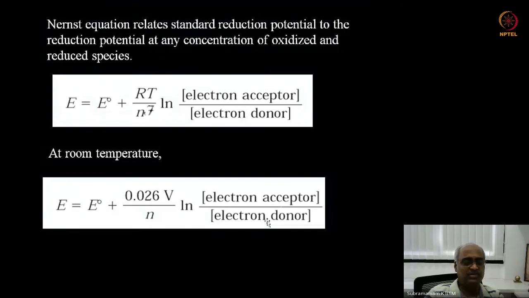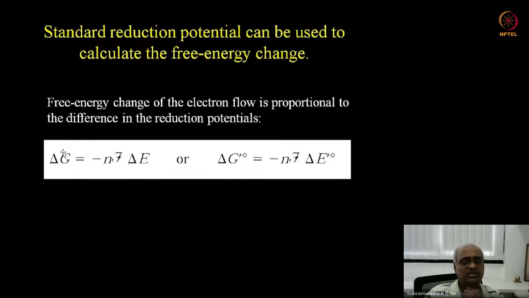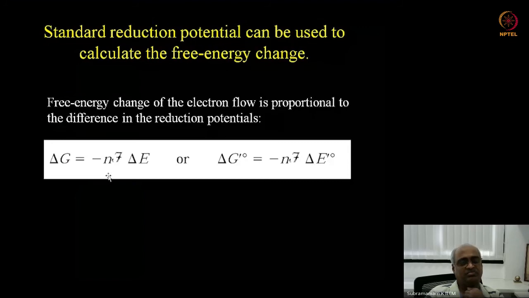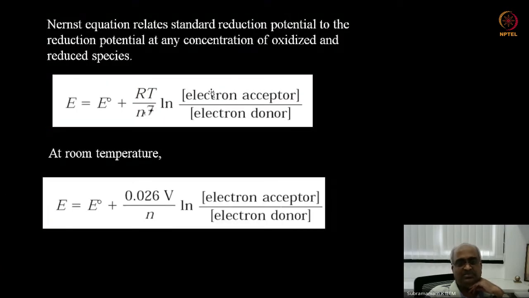Once you have calculated that reduction potential for any concentration, based on this relationship you will get the delta G. The relationship between the reduction potential difference and the delta G is given by this equation: minus the number of electrons times Faraday's constant times the difference in the reduction potential. Here the difference comes from between this and this, acceptor and donor. So that is where the difference comes.